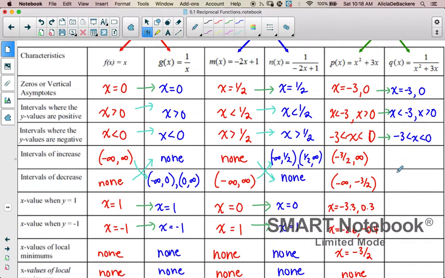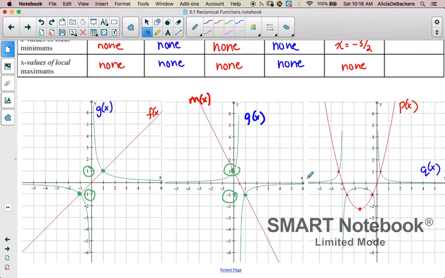All right, intervals of increase and decrease. For the blue graph, what I see is I start off increasing, and then I flip over the vertical asymptote, and I'm still increasing until I get, again, to -3/2.